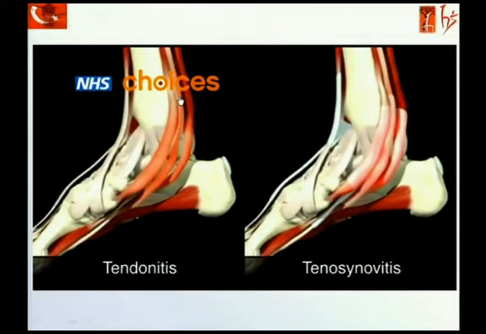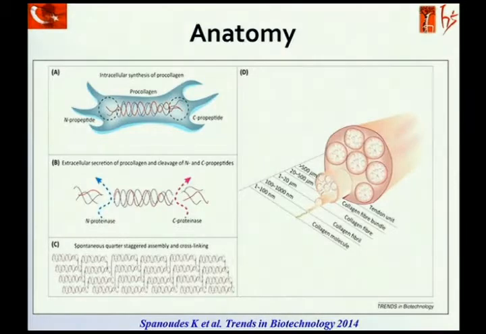Tenosynovitis is the paratendonitis, and tendinosis is the calcification, the degeneration of the inside of the tendon.